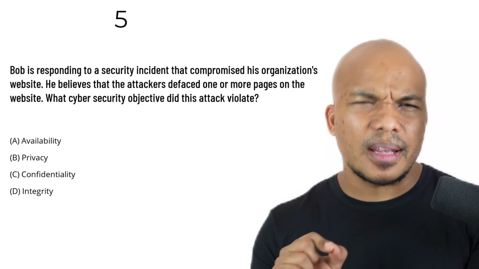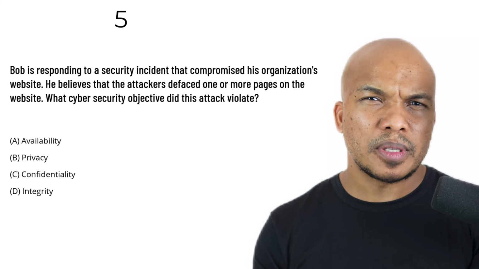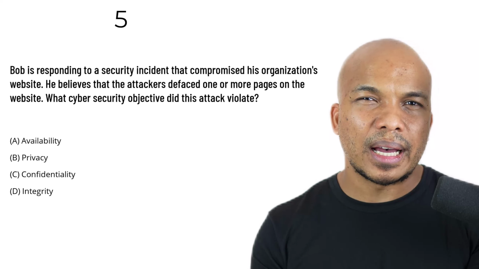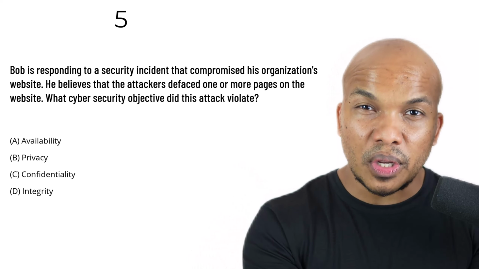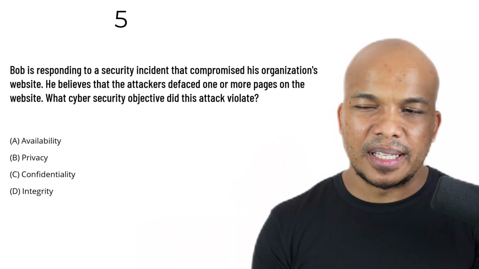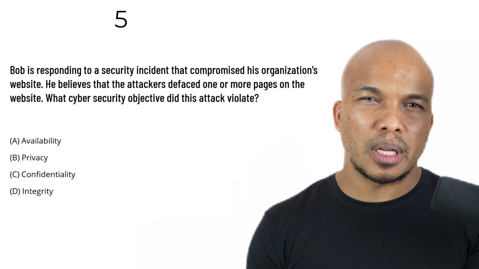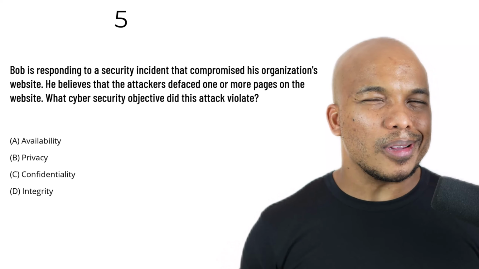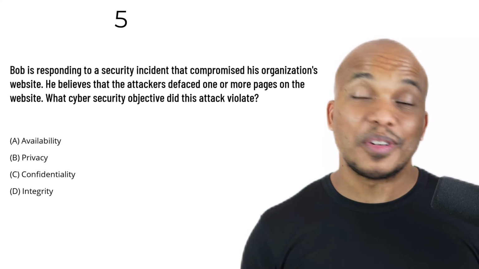What of privacy? That is if the web pages, the website isn't public. Maybe the web pages were meant to be accessed by only certain kinds of people, maybe the employees or certain kinds of clients, but it's not stated explicitly that the pages on the website were meant to be private. So privacy, I don't think is going to be the answer. In fact, it's not the answer.